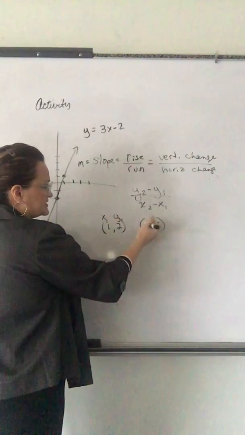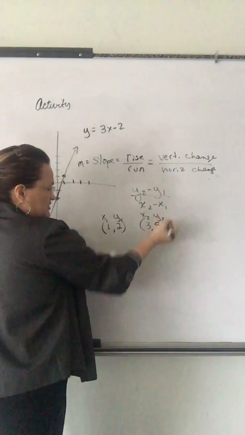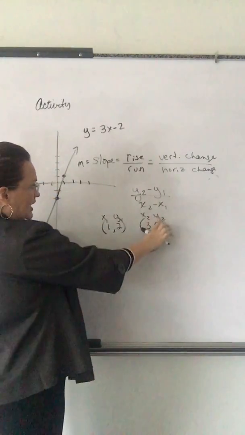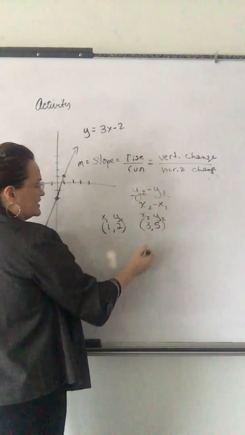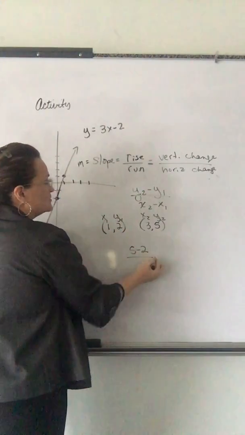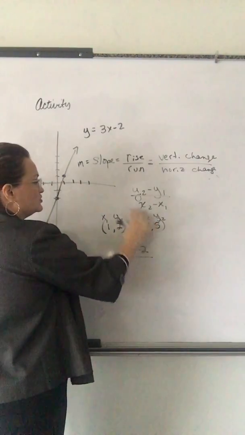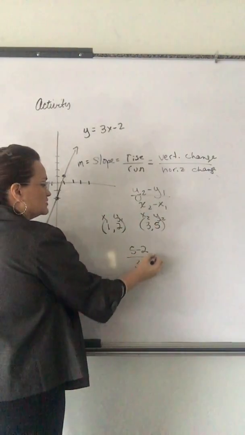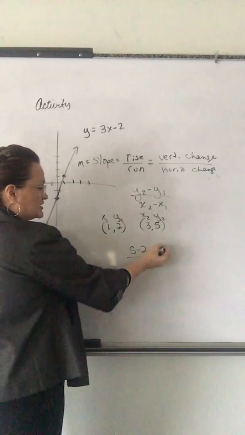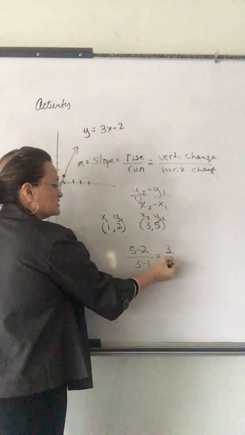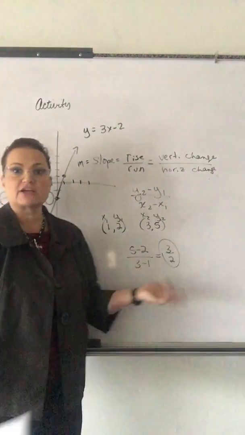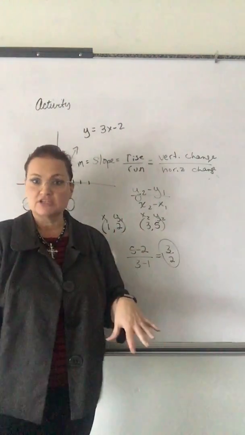It's the first point, and this is the second point, x2, y2. So you would subtract the y2 minus y1, it says, so 5 minus 2. Then the x's, x2 minus x1, 3 minus 1, and you would have 5 minus 2 is 3, 3 minus 1 is 2. The slope would be a fraction 3 over 2, rising 3 or running 2 from point to point.